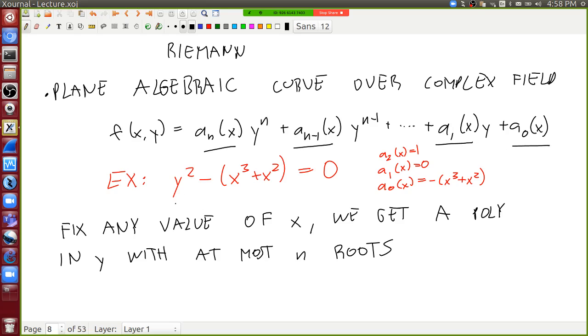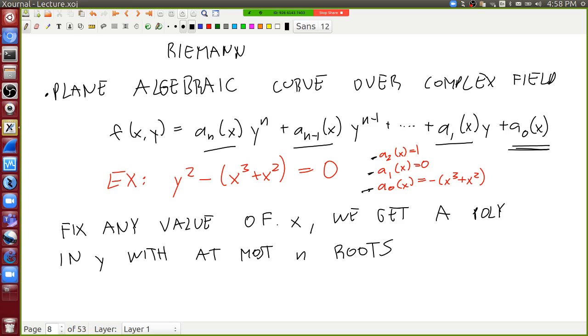This example is y squared minus x cubed plus x squared. So our y squared coefficient would be 1, our y coefficient would be 0, and our y to the 0th coefficient is going to be negative x cubed plus x squared.